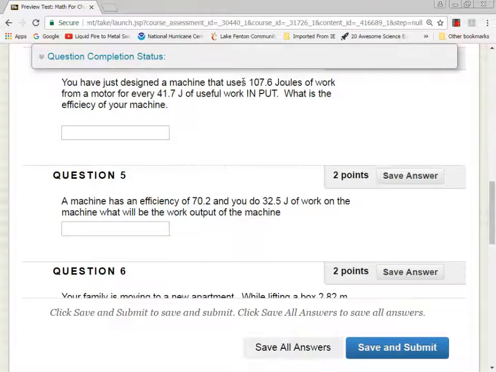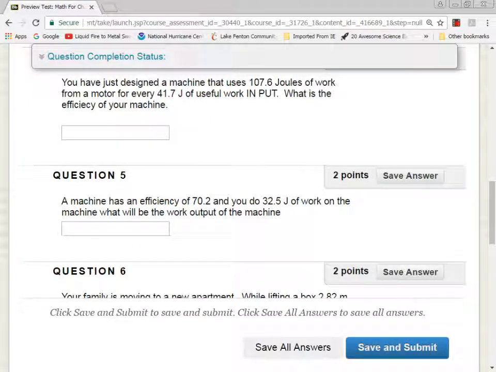You have just designed a machine that uses 106.6 joules of work for every 41.7 joules of useful work. This is your input. This is your output.